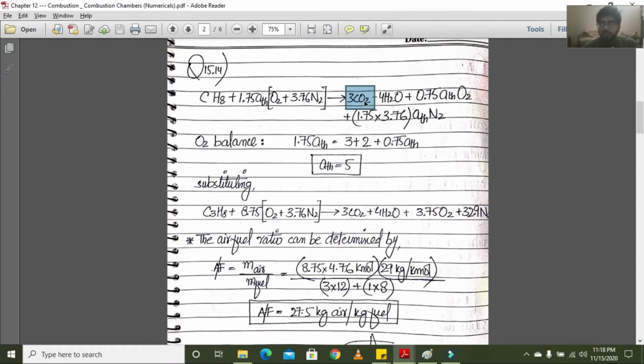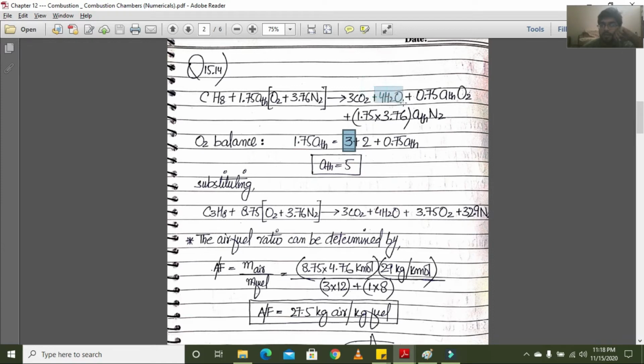One carbon dioxide requires 2 atoms, meaning 1 molecule of oxygen. But 3 carbon dioxide molecules will require 3 molecules of oxygen, meaning a total of 6 atoms of oxygen. Since I am balancing the oxygen molecules, I have written down 3 molecules of oxygen.